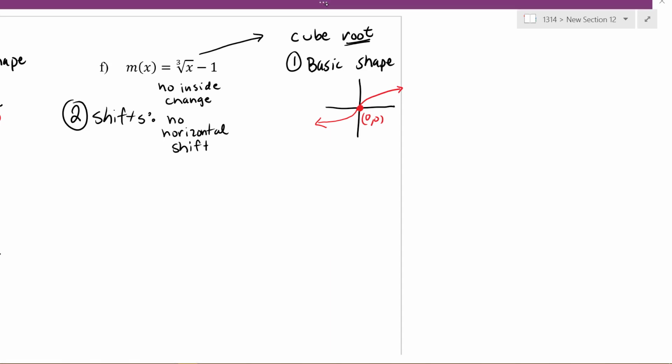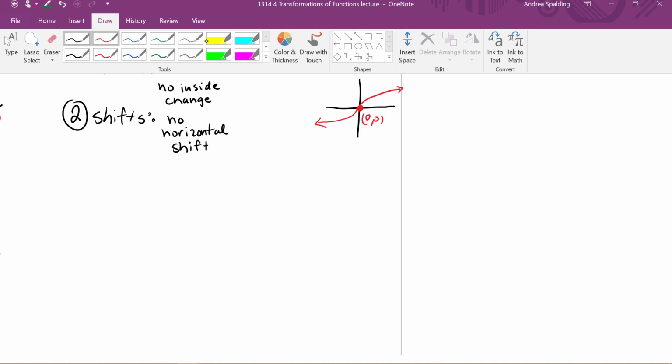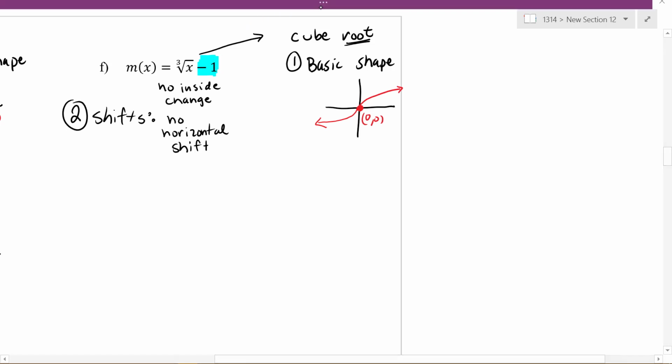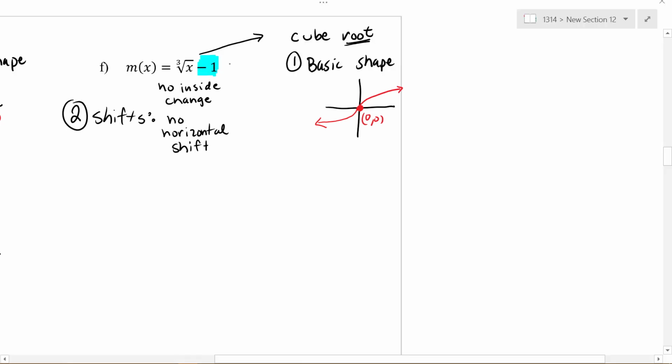Okay, I do see a minus 1. What is that minus 1 telling us to do? Well, the minus 1 is on the outside, so that's being subtracted on the outside. If I have a number being subtracted on the outside of my basic shape, then we shift down 1 unit. All right, so we shift down.